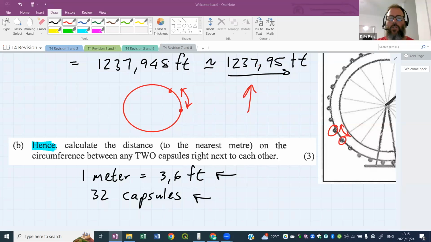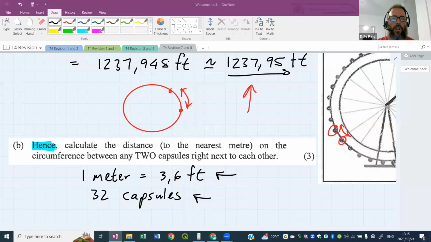Once you've done it, just put your answers in there, or you can raise your hand and ask a question, or tell us how you're doing it. It's up to you, but we should all be trying this one. What is the distance between two capsules if there are 32 capsules on the circumference, in meters?